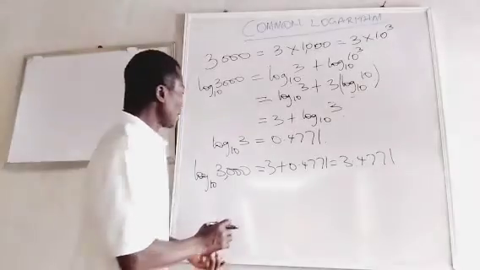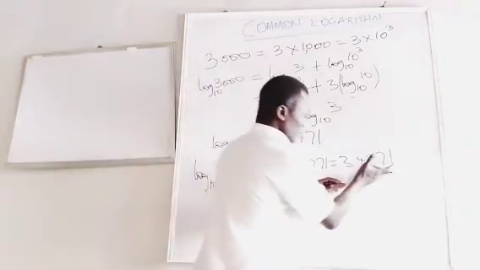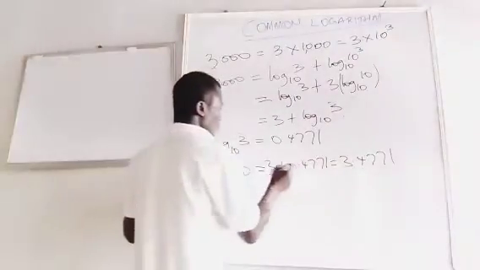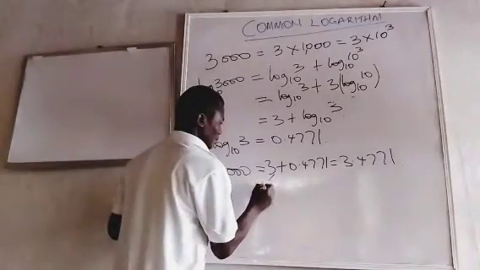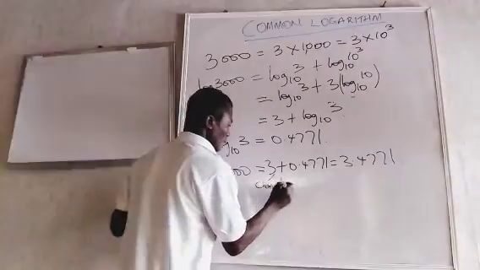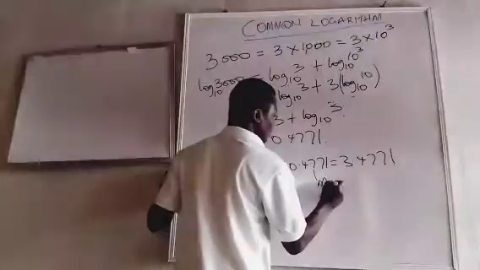And that is why, when we have it like this, we are going to call this one the characteristic part, and this one is the mantissa.